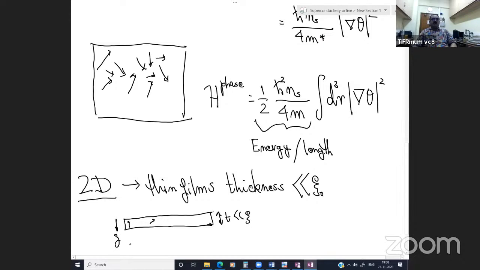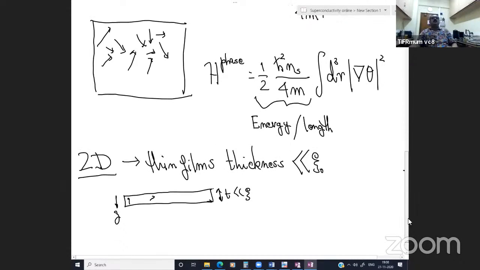Along z I will not be able to twist the phase because the minimum length scale over which the order parameter of a superconductor can change is the coherence length. And since the thickness is already so small, I will not be able to twist the phase in the z direction, which means that I can integrate over z.